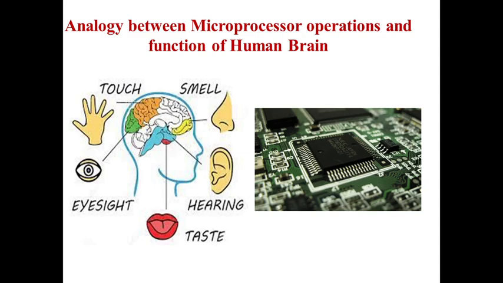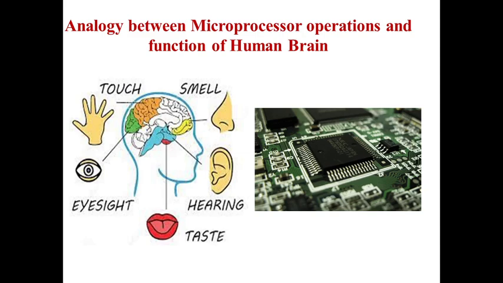To perform that task, what does the microprocessor do? The microprocessor receives information from input, and it processes that information according to the instructions stored in the memory. After processing, the result is formed, and that result is sent to the output devices. In this way, shortly, the microprocessor works.